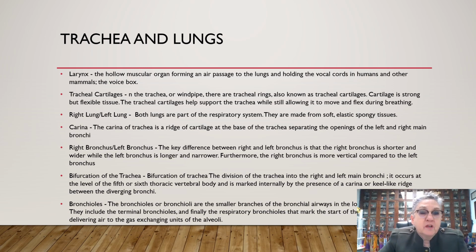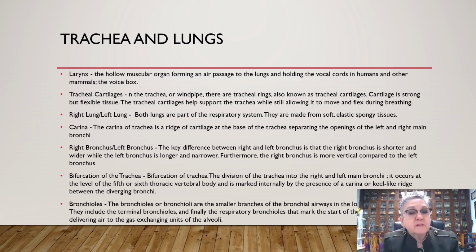We have the right and left lung. Both lungs are part of the respiratory system. They're soft, elastic, spongy tissues that participate in gas exchange lower down in the bronchial tree. We have the carina. The carina is where the trachea divides into the two lungs, the left and right main stem bronchi. It separates air movement into both sides of the lungs.